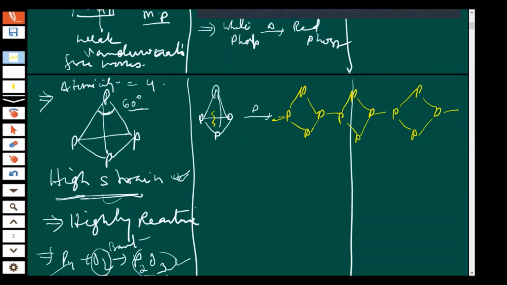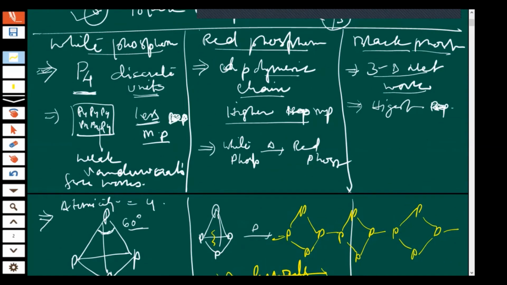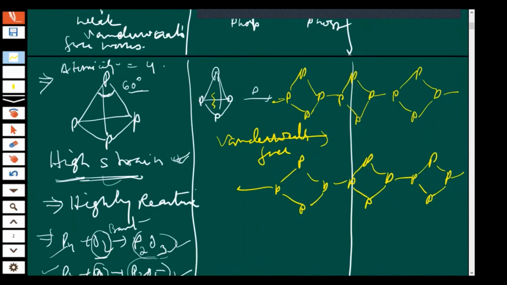So see, what is the thing to note down is, now here van der Waals force is there. In white phosphorus, van der Waals force was between these two molecules, a small attraction force. Here the van der Waals force is between two chains.